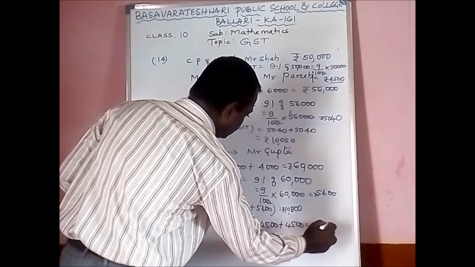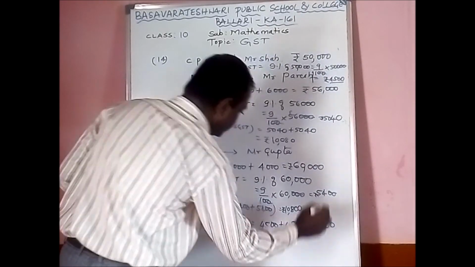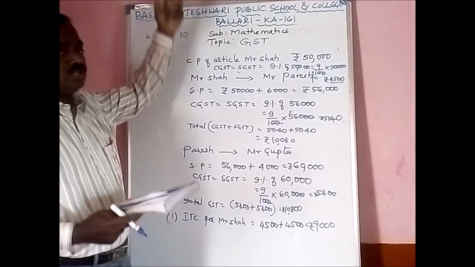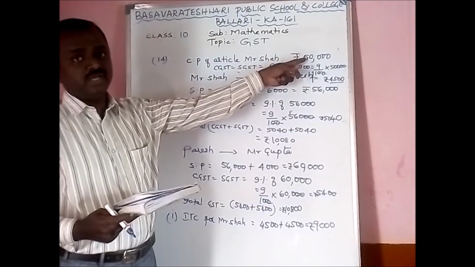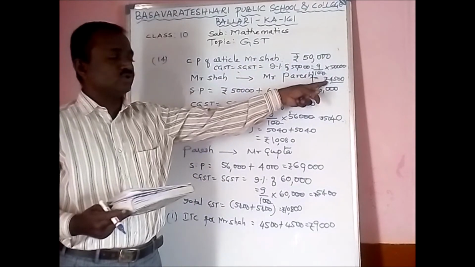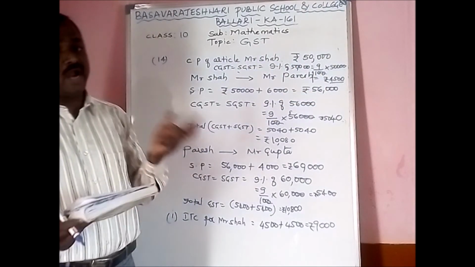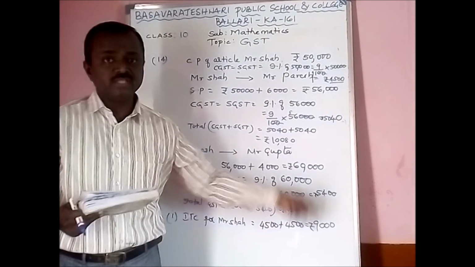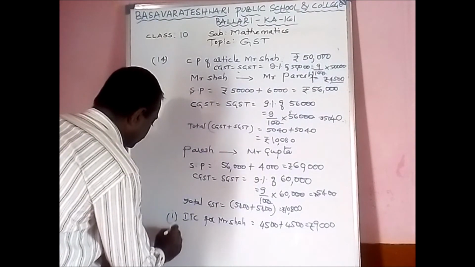So that is 9,000 rupees ITC. Correct? Because this amount he paid to the manufacturer when purchasing the article for rupees 50,000. Here I found out only CGST and SGST. CGST 4,500, SGST 4,500. So input tax credit means you have to add both CGST and SGST. So the total amount will be 9,000 rupees.